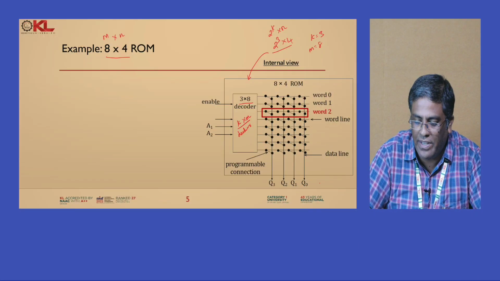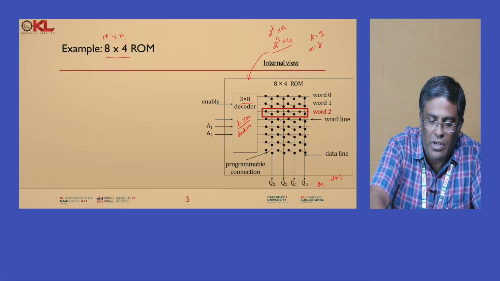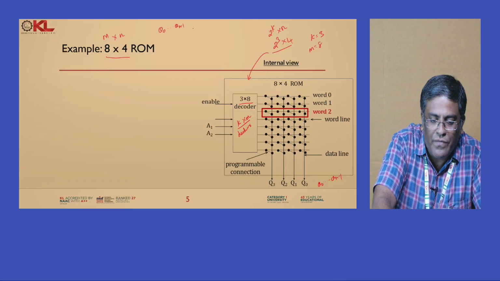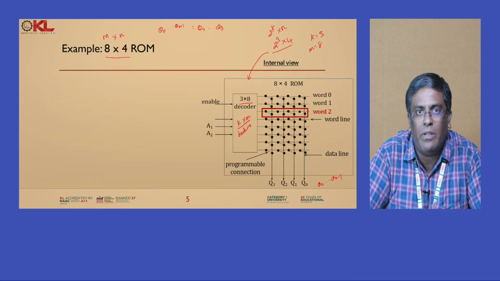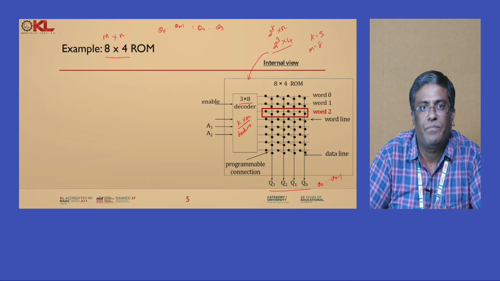We have already seen Q0 to Qn minus 1, where n is equal to 4, so Q0 to Qn minus 1 is Q0 to Q3. That is what we can witness over here, Q0 to Q3.